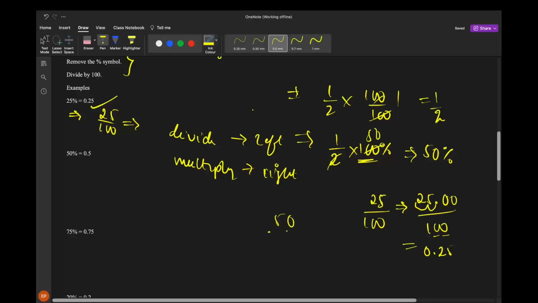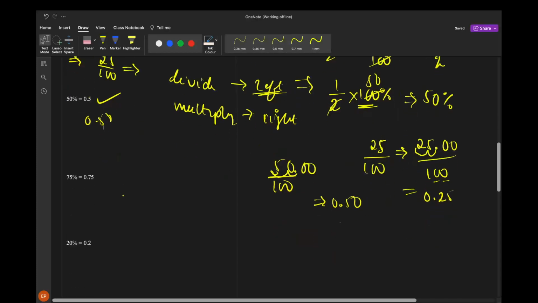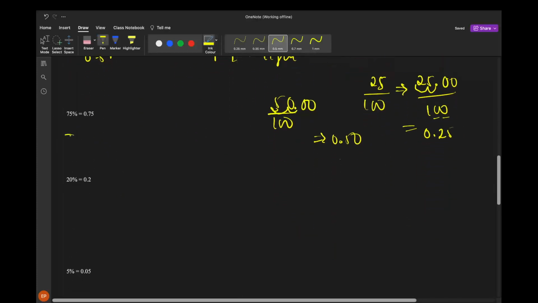50%, 50 divided by 100, divided by means left side, the decimal point goes left side. 50 can be written as 50.00, so 1 place, 2 places, which is 0.50. So here 0.5 or 0.50, anything you can write. 75% means 75 by 100. As I told, 75 can be written as 75.0000, any number of zeros, divided by 100.